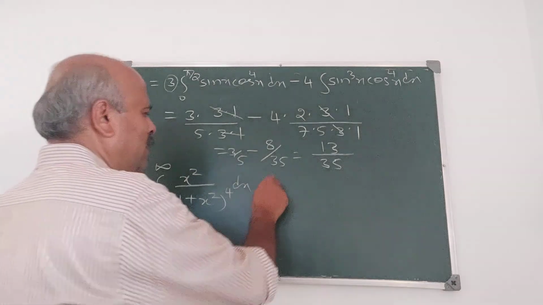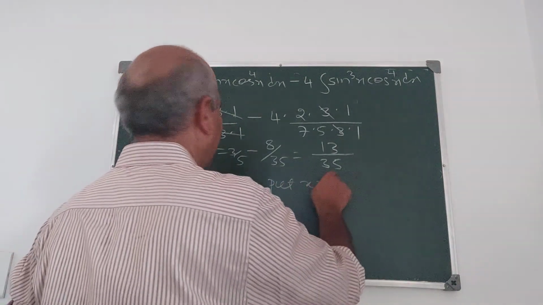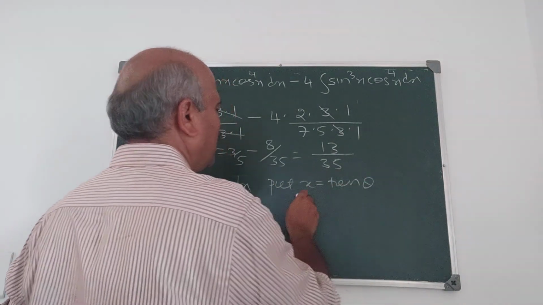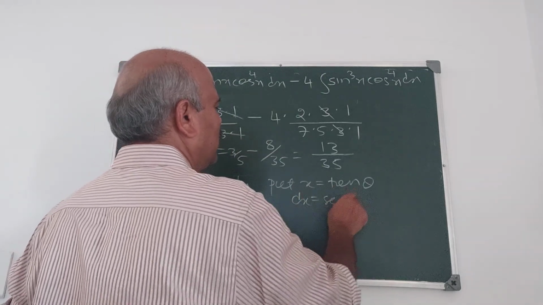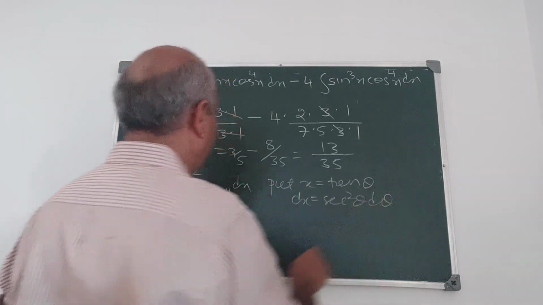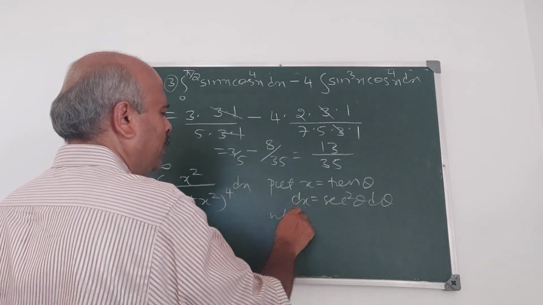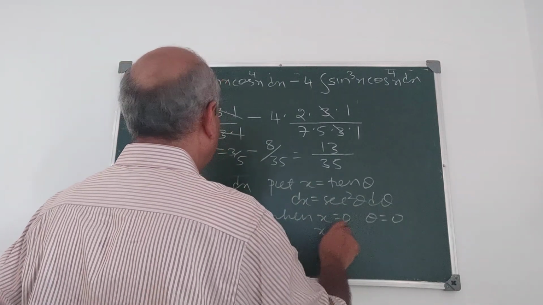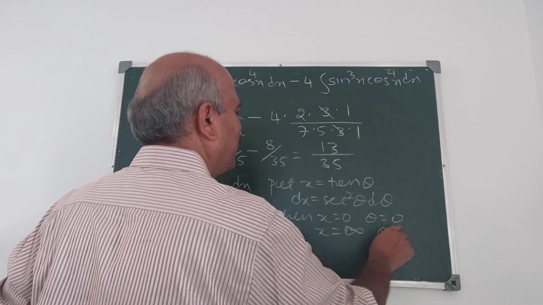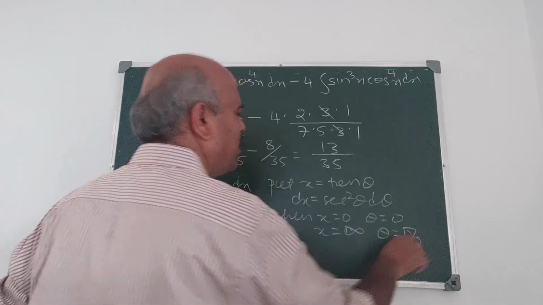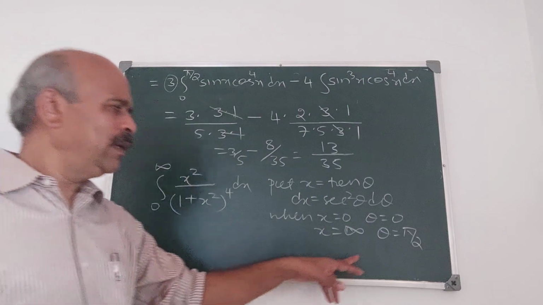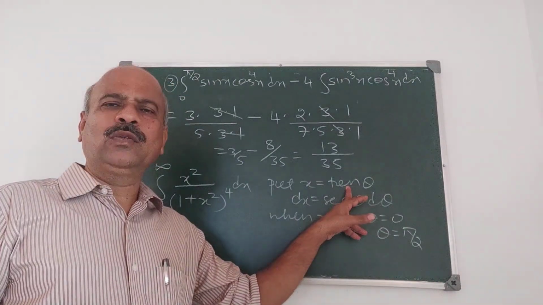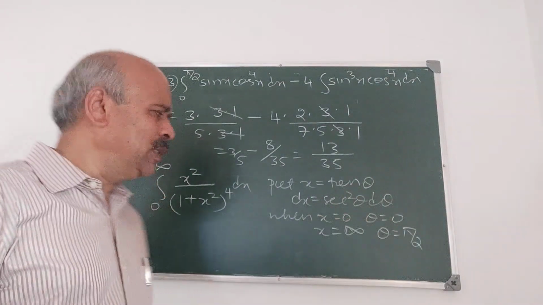Now first thing is substitution. Take x is equal to tan theta. Therefore dx is secant square theta d theta. And limits, when x is 0, theta is 0. When x is infinity, theta is pi by 2, because as x tends to infinity, theta is tan inverse, and tan pi by 2 is infinity.